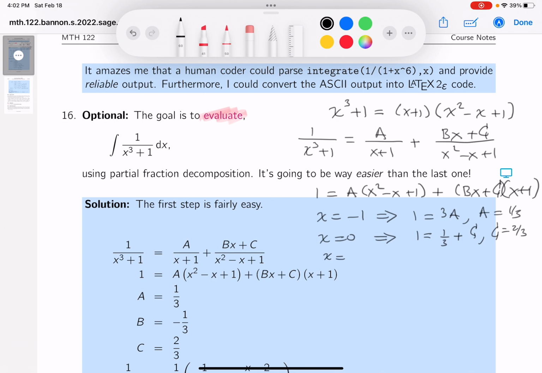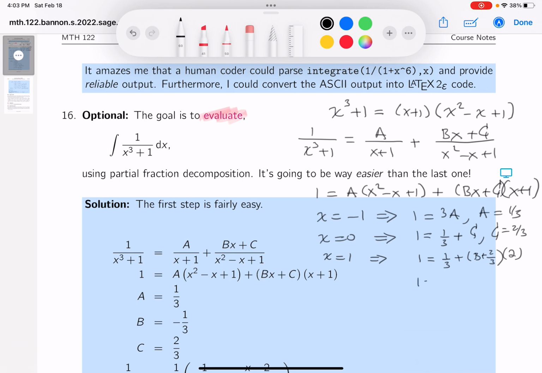I'll pick 1. You still get 1 on the left side. On the right side, what do you get? Well, 1 minus 1 plus 1 is 1. So you get 1/3, because a is 1/3, plus, again, x is 1, so I get b plus 2/3 times 1 plus 1, which is 2. Again, more challenging, so let's just go through it.